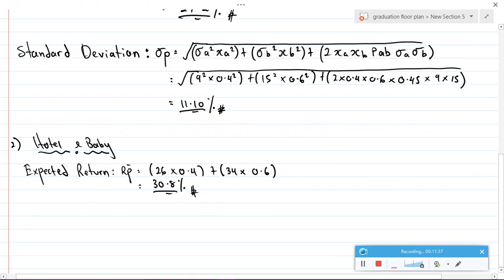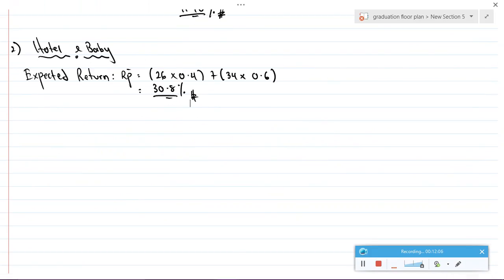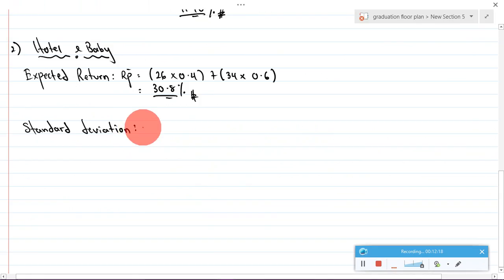Then you will have the standard deviation. Go straight into the calculation, no need to write the formula again. 9 squared times 0.4 squared plus, now what is the risk for baby? 13.